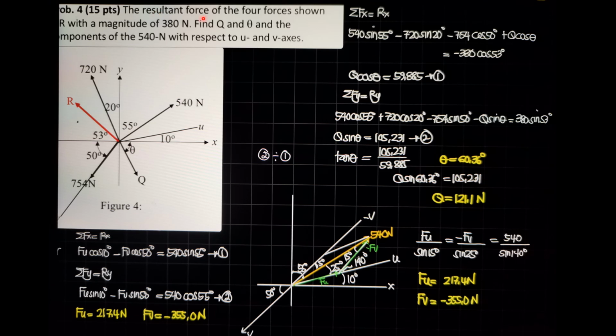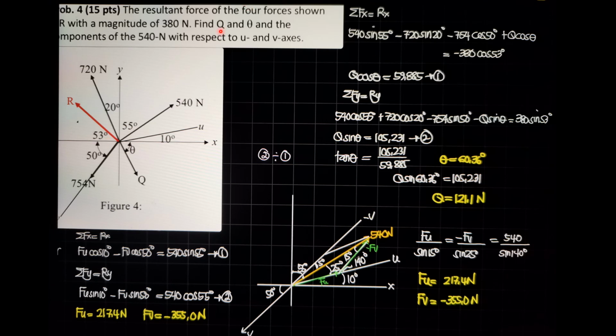So the last problem: the resultant force of the four forces shown is R with a magnitude of 380 newtons. It is directed up to the left, so the y component is positive, the x component is negative, and the angle it makes with the x-axis is 53 degrees as shown.